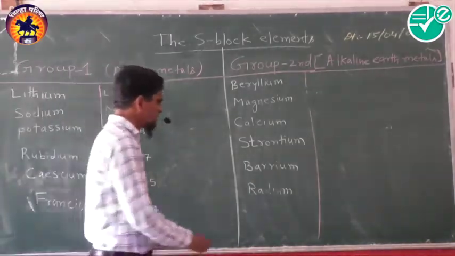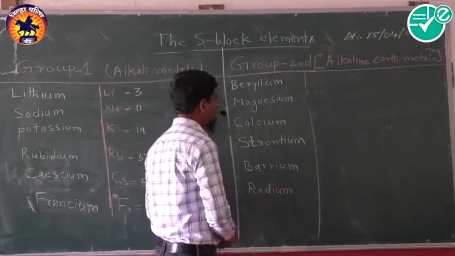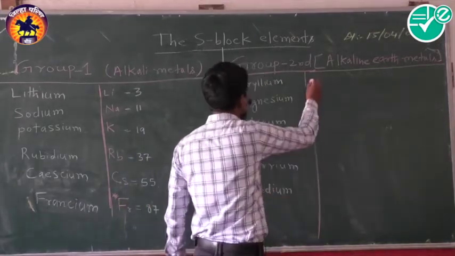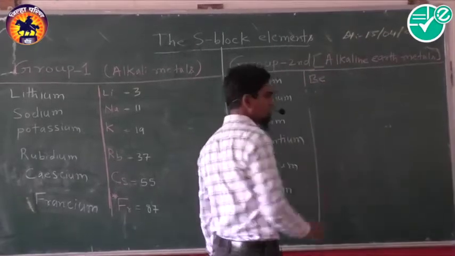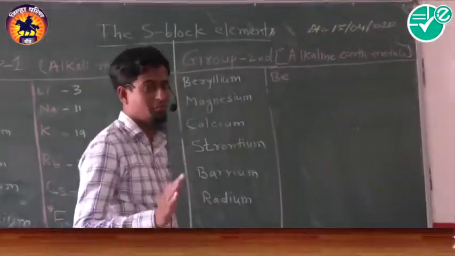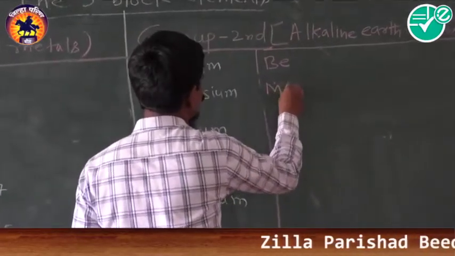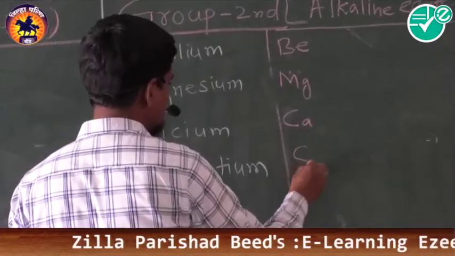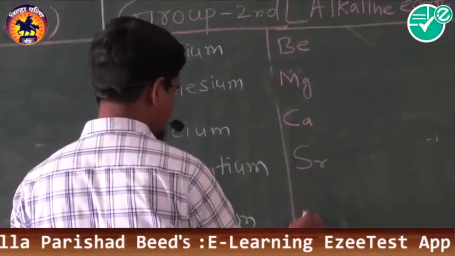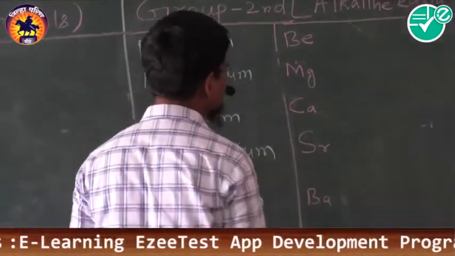Now come to the second group elements, the alkaline earth metals. For beryllium the symbol is Be, not Bv. For magnesium, Mg. Calcium, Ca. Strontium, Sr. Barium, Ba, and radium, Ra.